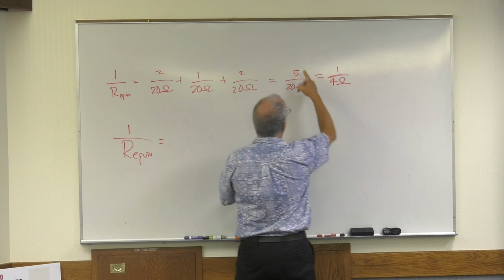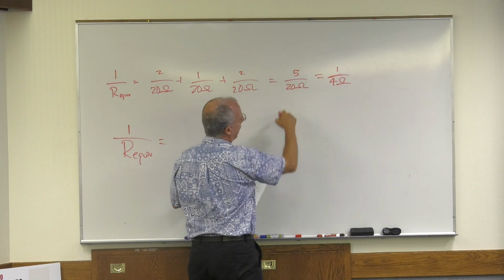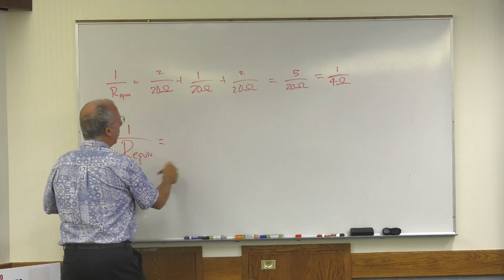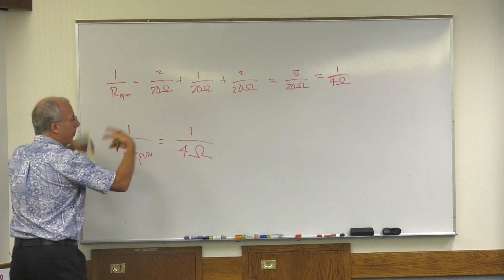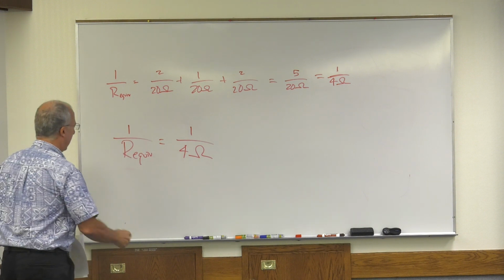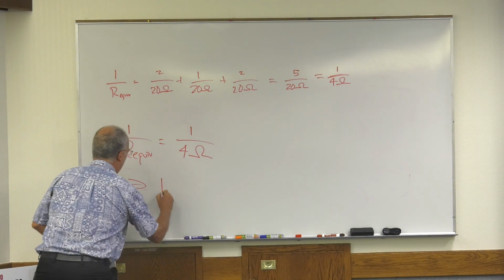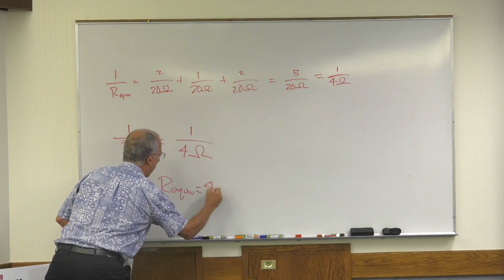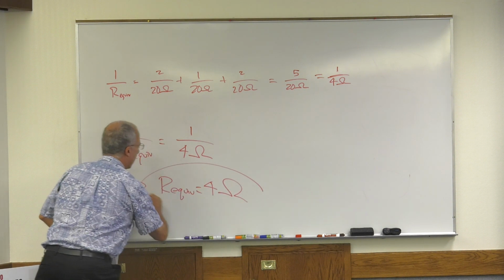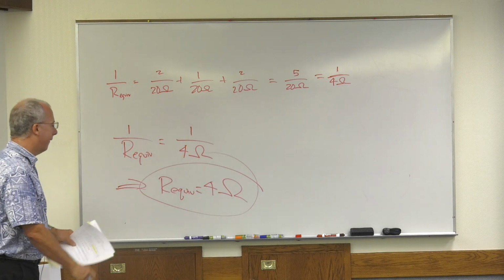Divide by 5, divide by 5. Okay, so we have 1 over R equivalent equals 1 over 4 ohms. So flip both sides, or just look at the silly thing, and therefore R equivalent equals 4 ohms. So that's how you do it, okay?